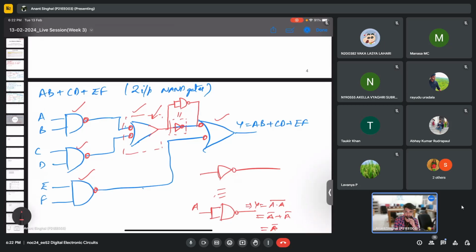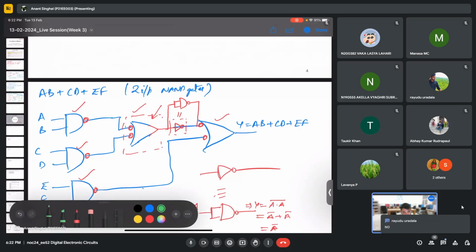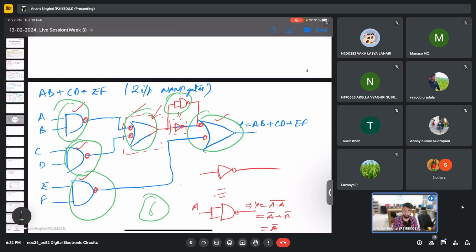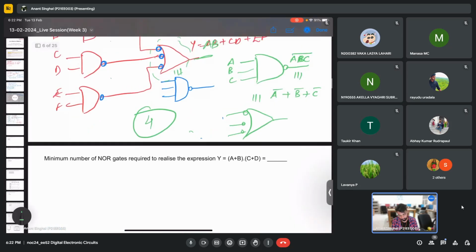Any doubts in this? Okay, so we can have 1, 2, 3, 4, 5, and then 6. So the correct answer is we can make this particular expression using 6 NAND gates. The minimum number is 6.